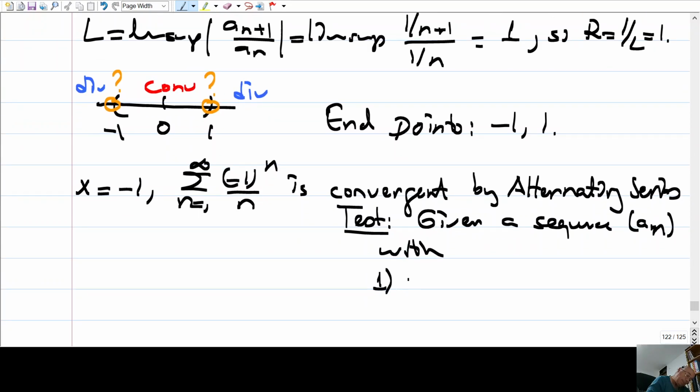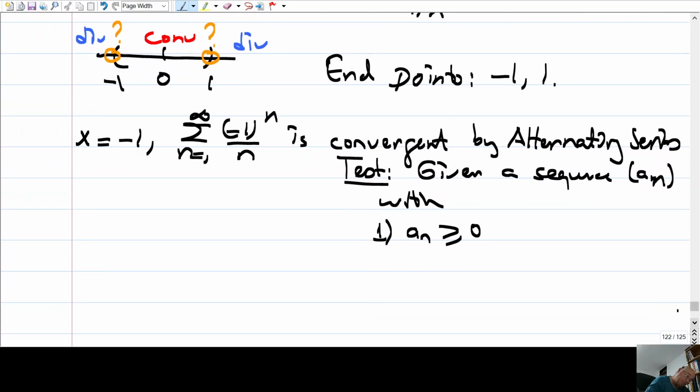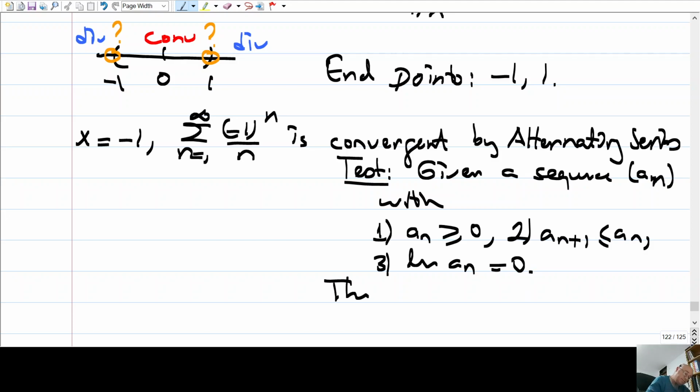One, the a_n's are all non-negative. Second, a_n is decreasing. And third, limit a_n is 0. Then this series, so if you add up these numbers alternatingly like this, then this is convergent.